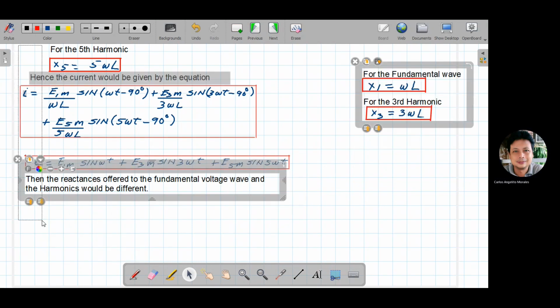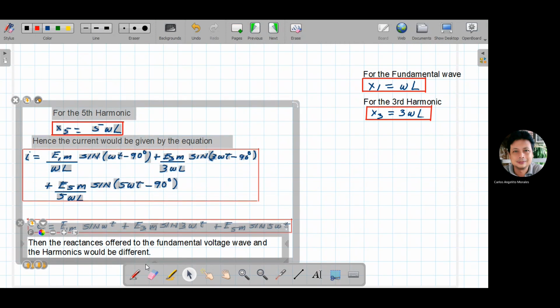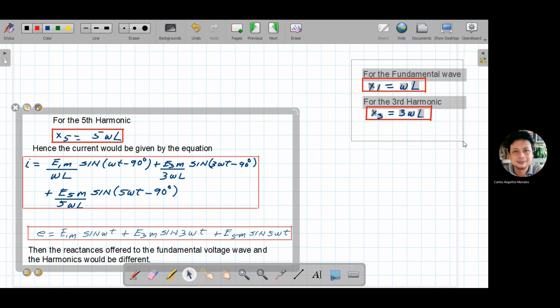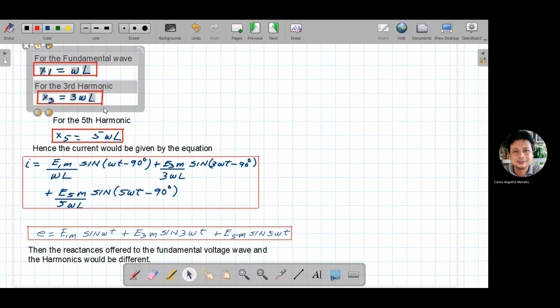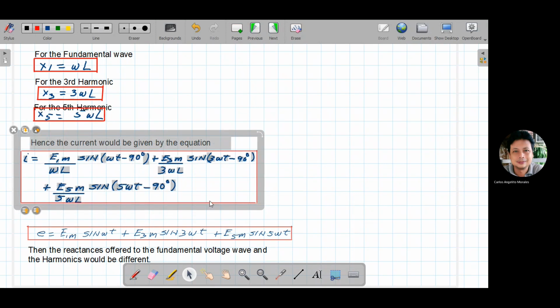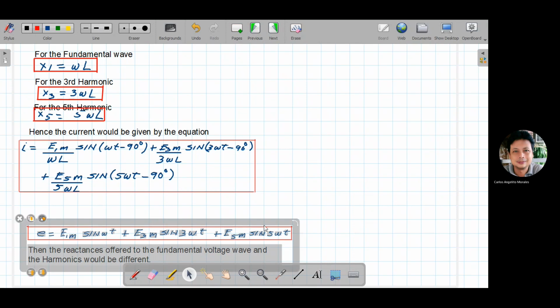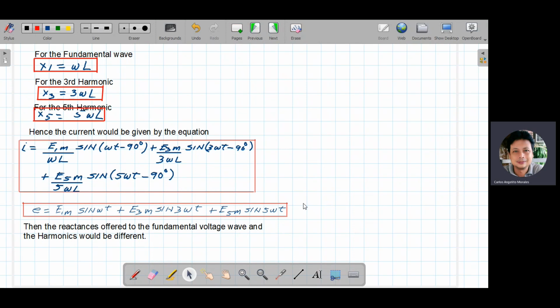So, bababa ako ito. Yan ang magiging itsura niyan.